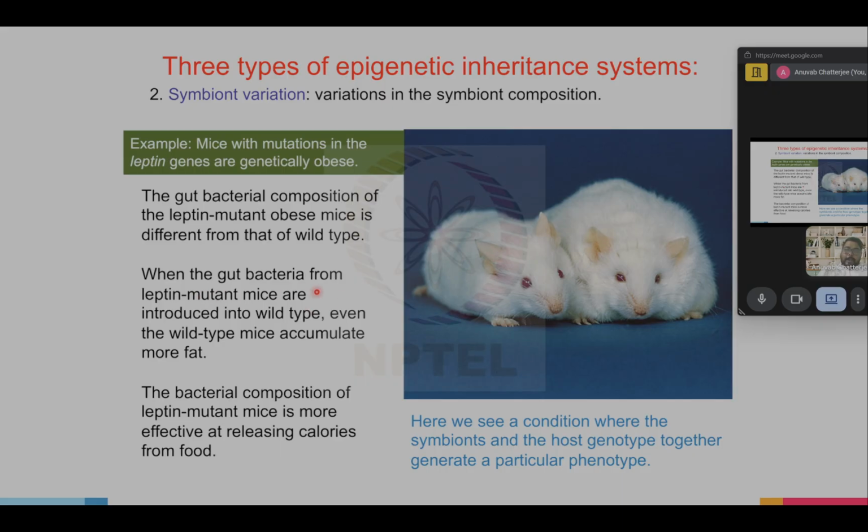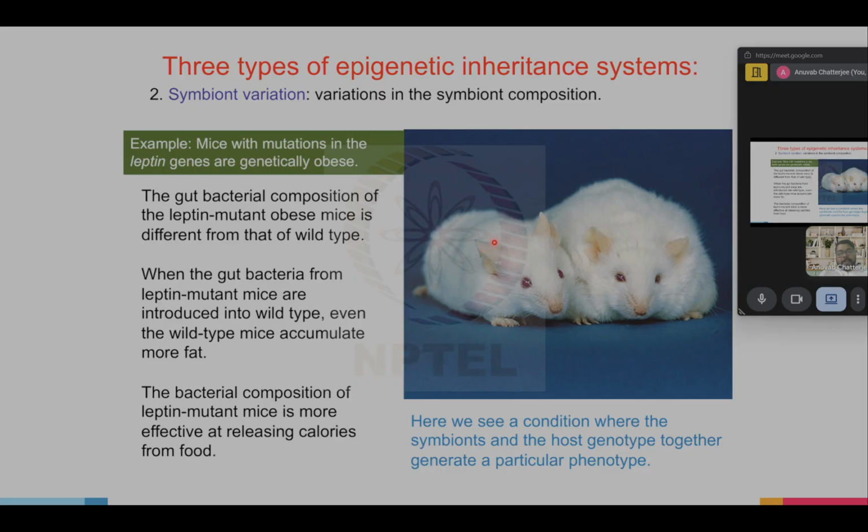And when the gut bacteria from this particular leptin mutant mouse were taken and introduced to a normal control mouse, this also caused a rise in fat accumulation in the control mouse. This shows that this kind of symbiotic change can be inherited between different generations as well as individuals, even when the initial genetic trigger is lost.